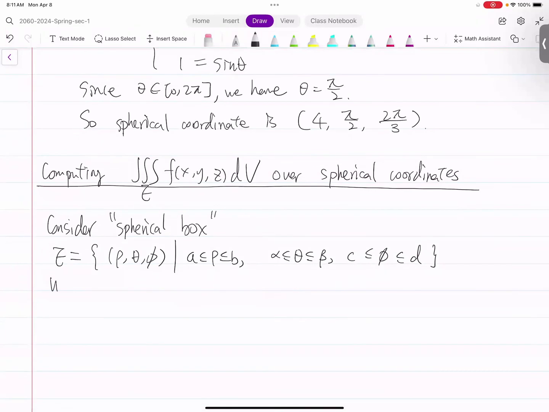So of course we want to give an illustration of the shape of this box shape in a spherical sense.